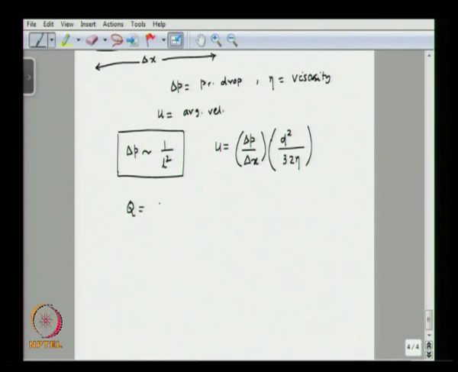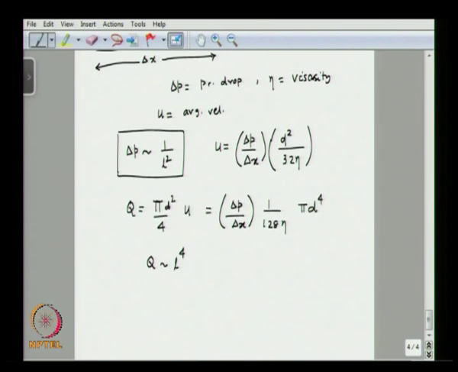Q will be the area of cross section, pi d square over 4, into u, which will be delta P over delta x into pi d to the power 4 over 128 eta. So what we see here is that the flow rate will scale as d to the power 4.